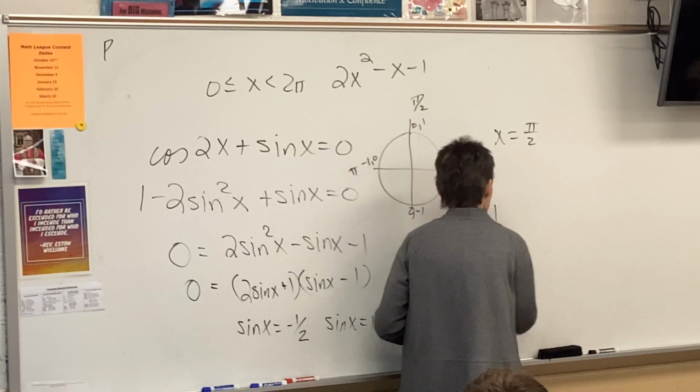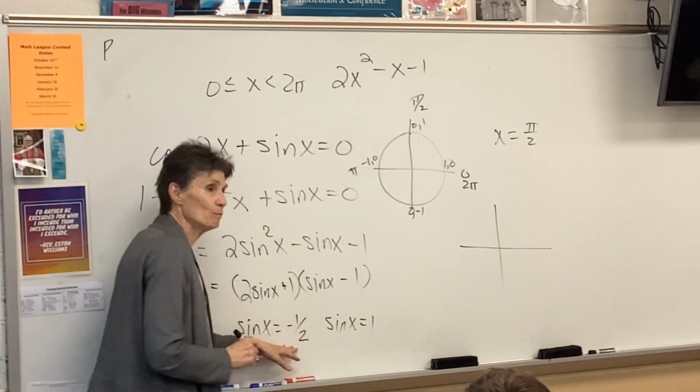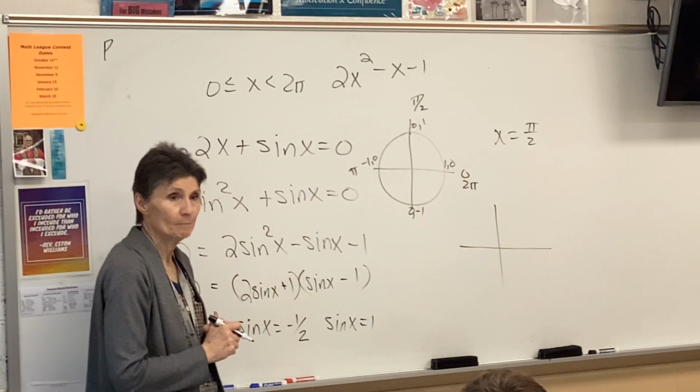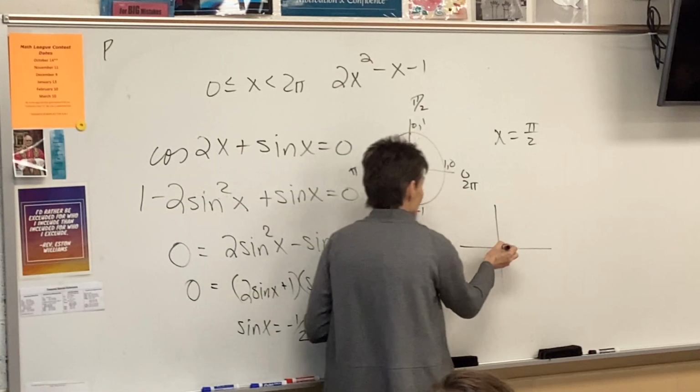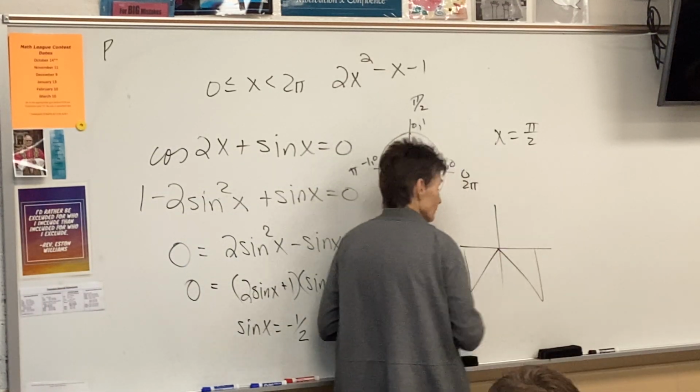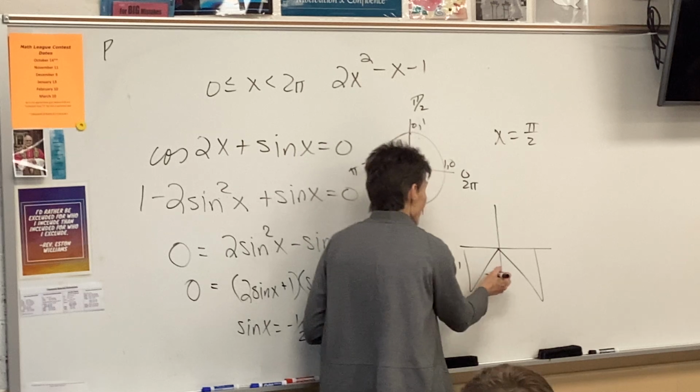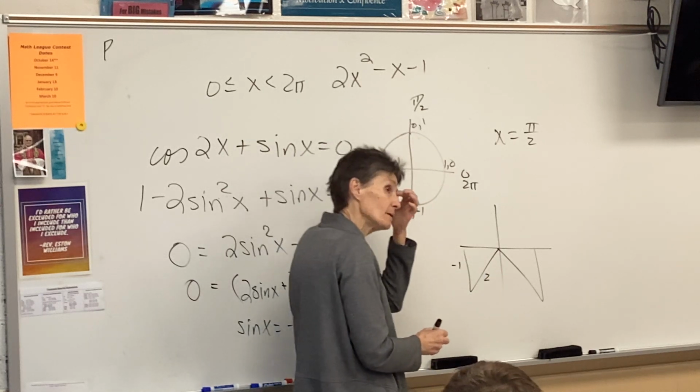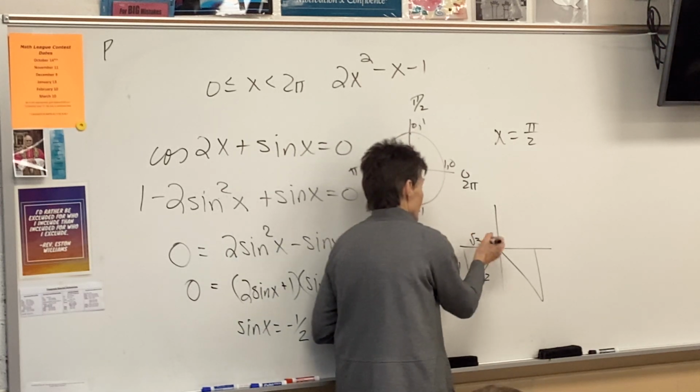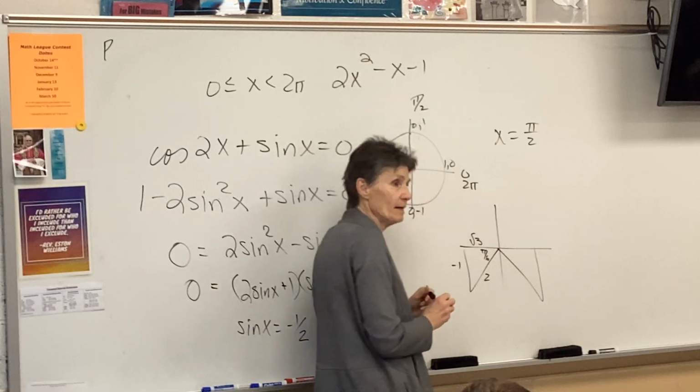Where is sine negative? I need it to be negative 1/2. Where is it negative? The bottom. So here and here. And if the sine is 1/2, isn't that a pi over 6 angle again?